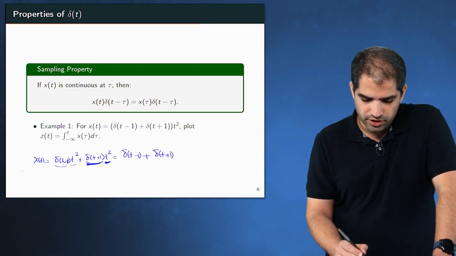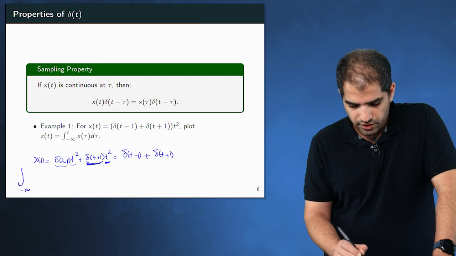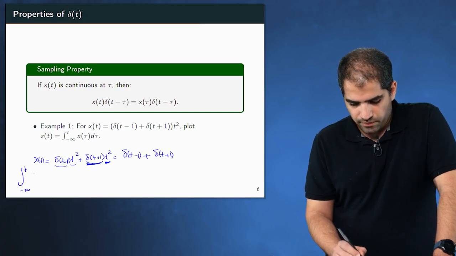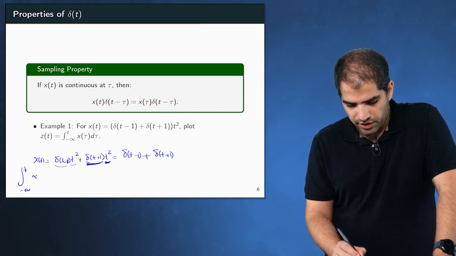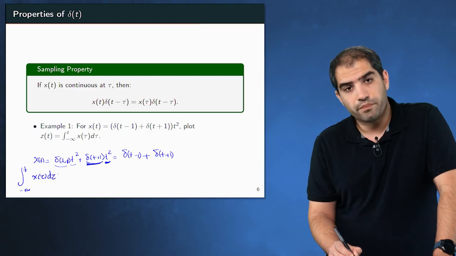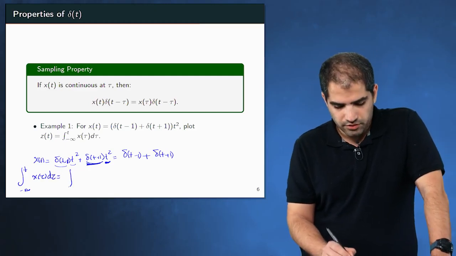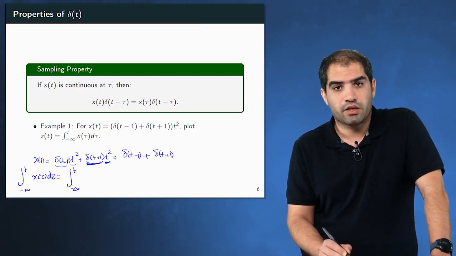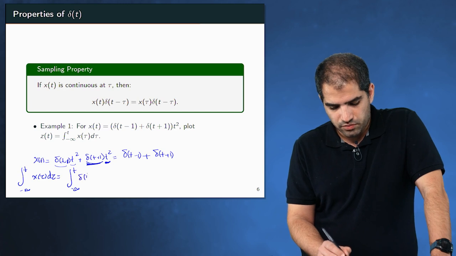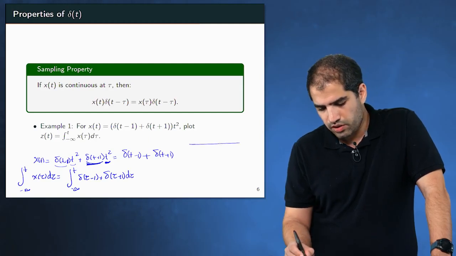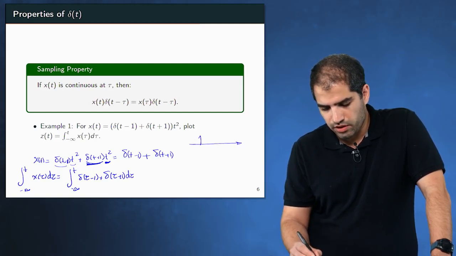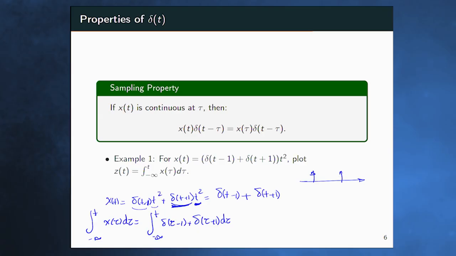And now if I do the integration from negative infinity to t of x(tau) d tau, we have the integration from negative infinity to t of delta(tau minus 1) plus delta(tau plus 1) d tau. And that's helpful to think of this signal.